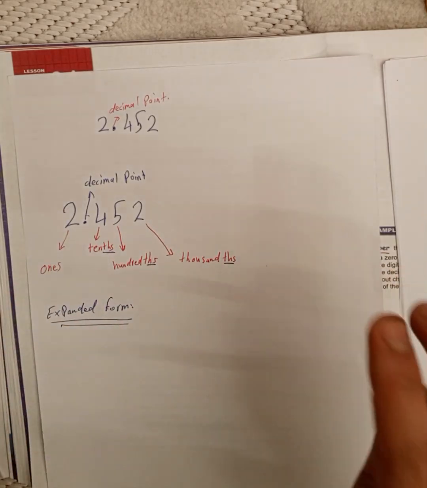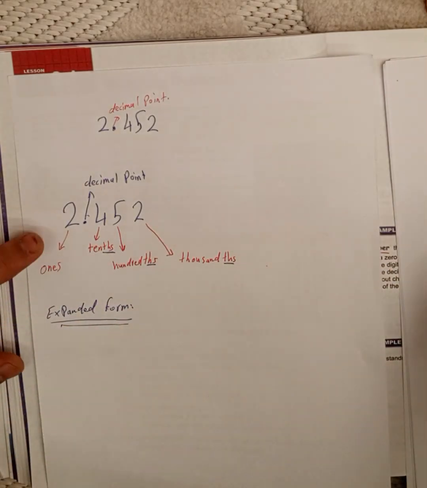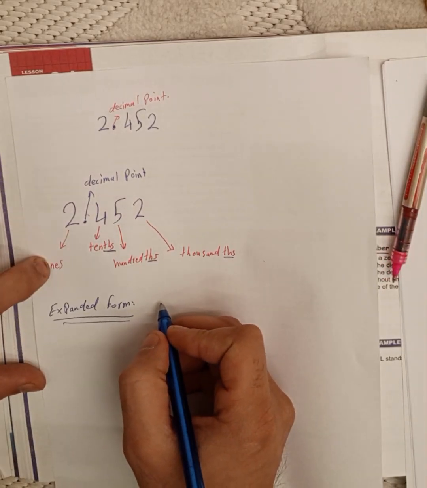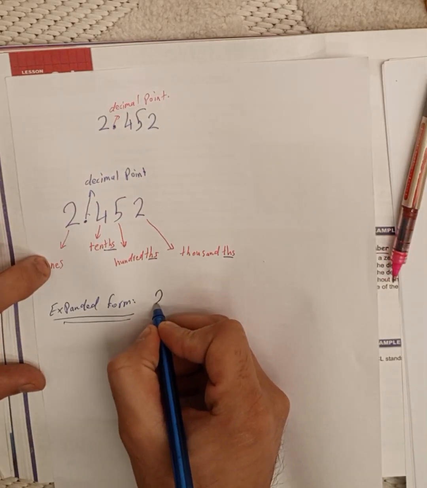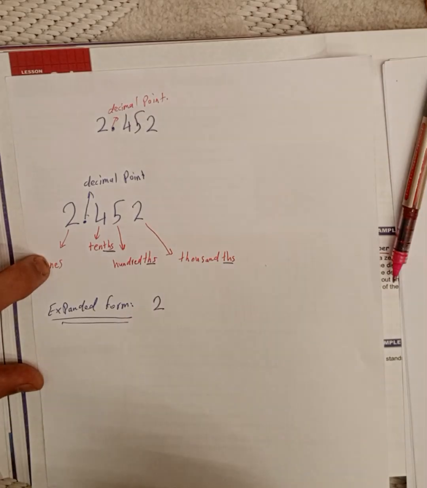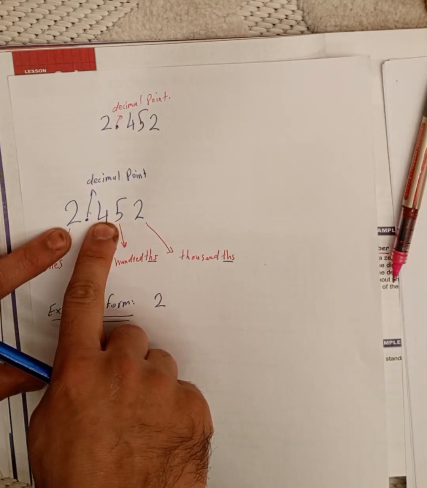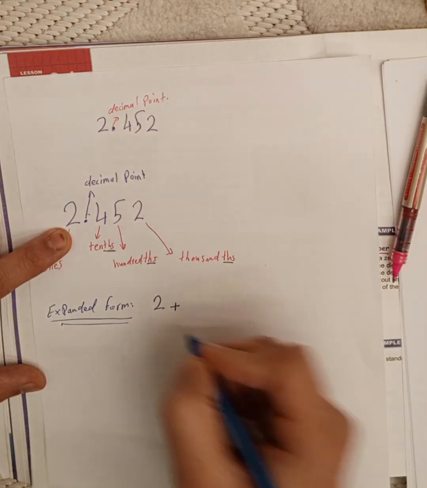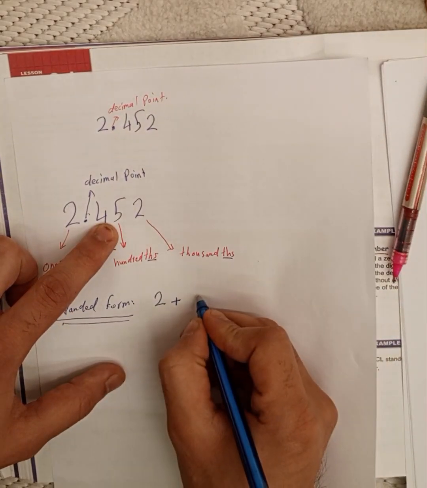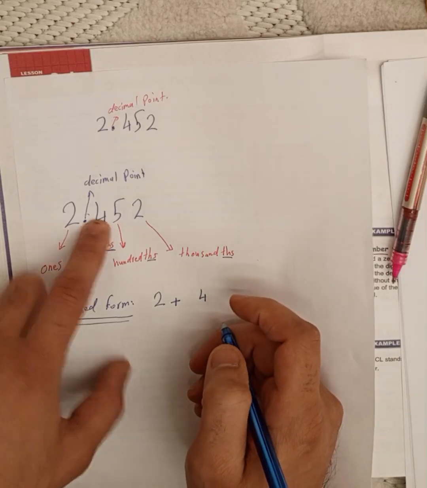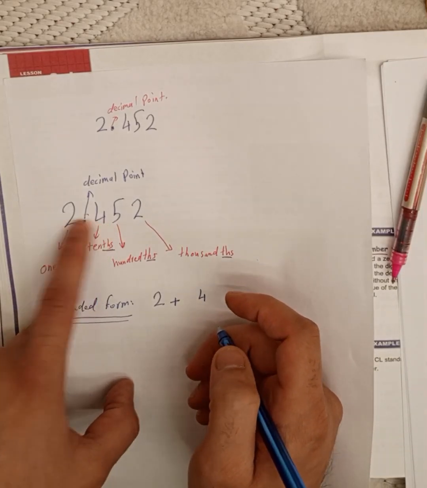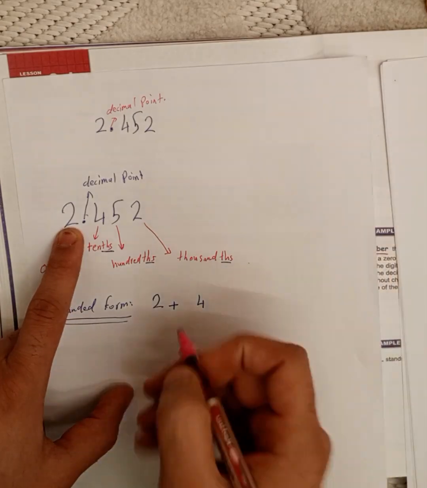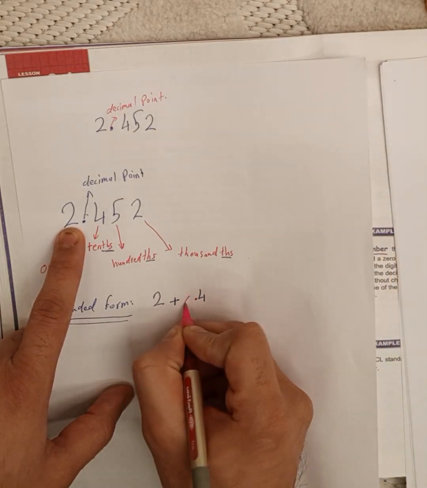Start with the first digit on the left side. 2 is in the ones place, so just write down 2. Then for the second number after the decimal point, we have 4, so plus 4.